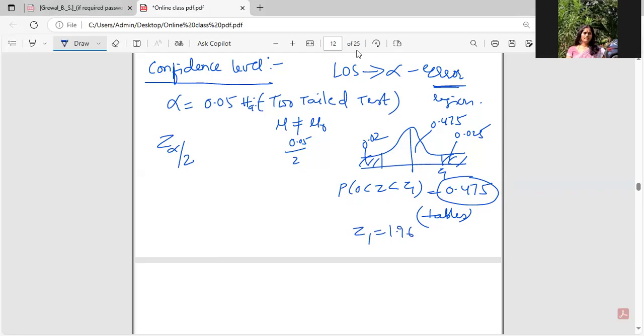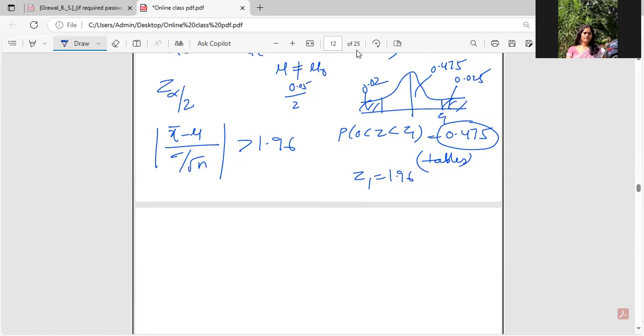So how do I write the confidence interval? Confidently, I'll be telling an interval for the given Z value. The formula is the same, Z only, mod Z greater than 1.96 or Z alpha by 2 or whatever. Already I'll have this calculated value.